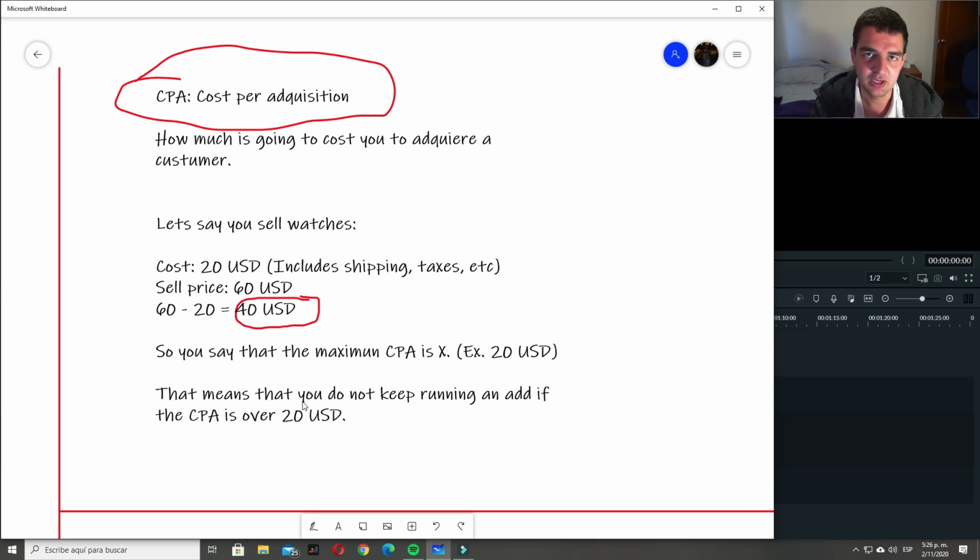So let's say you have an ad that is working really well, it has a lot of interactions, people love it, they are going to the website, they are buying the watch, and each customer is costing you in the ad, let's say $5, right? And your ideal CPA, the maximum you are willing to pay, is $20. Then you can take that ad that is creating a lot of profit, and you can say, hey, I'm putting into this ad $10 a day, but it's costing me just $5 per CPA.